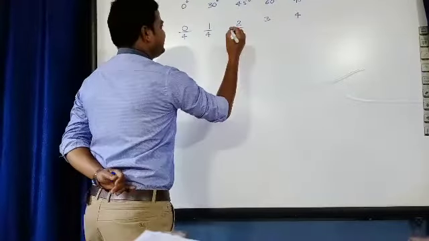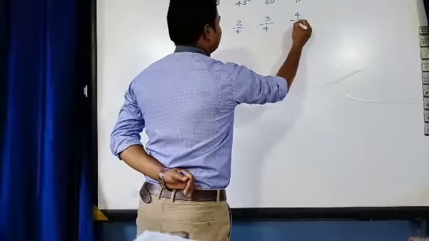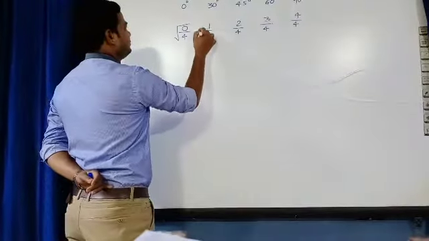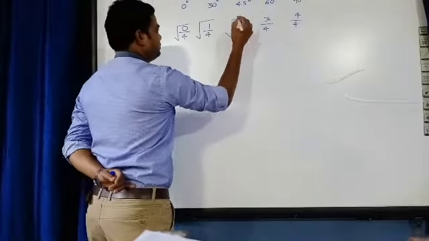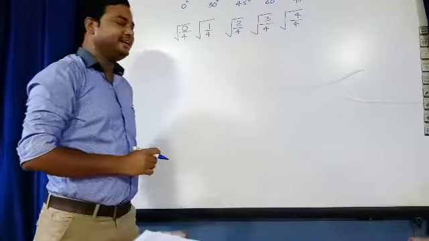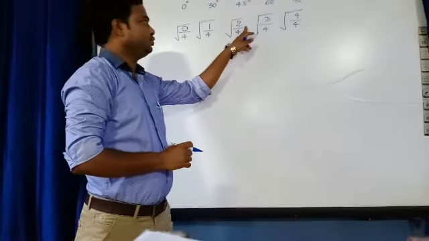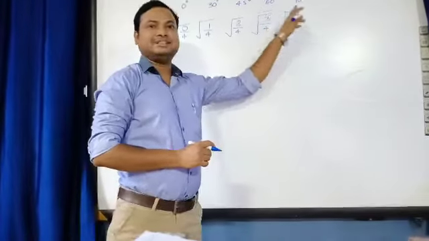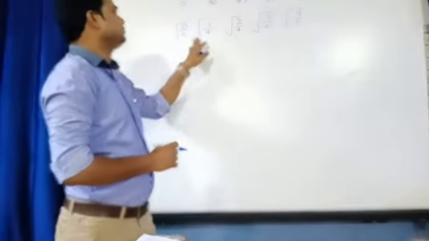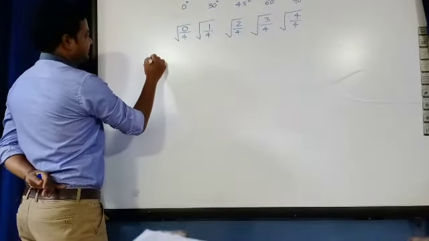After that, just take the root. Once again, write here 0, then 1, then 2, then 3, then divide each term by 4 and take the root of each term. Now look what happened here.